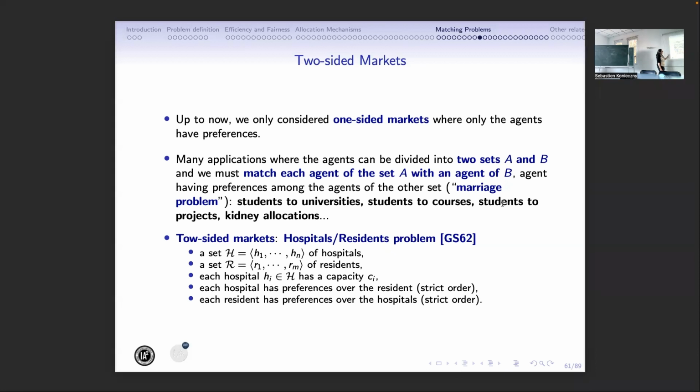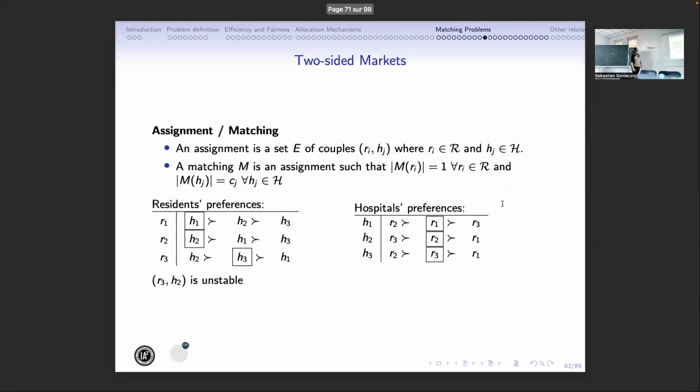In the hospital resident problem, we assume that each hospital has a capacity, which is the maximum number of residents it can get. Each hospital has preferences over the residents. Here we will suppose that the preferences are strict, and each resident has preferences over the hospitals, also strict preferences.